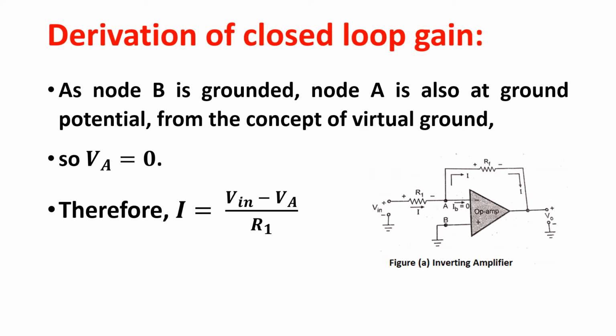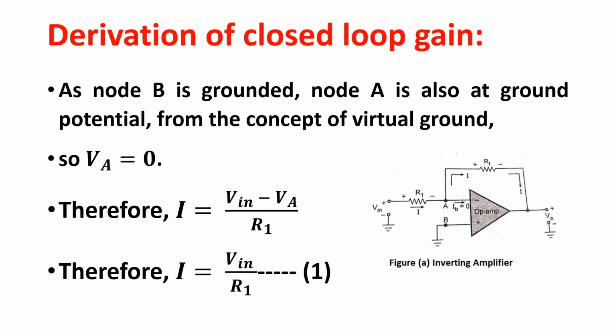The value of the current I is equal to Vin minus VA divided by R1. If we substitute VA equal to 0, we get the current I equal to Vin by R1. Consider this as equation 1.